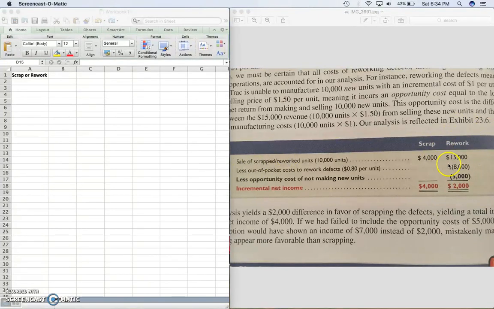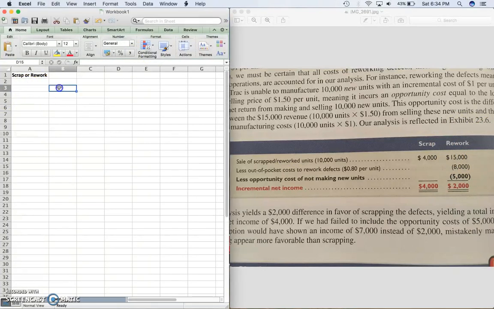And for rework, it would be 15,000. Let's write it over here. So scrap is 10,000 times 40 cents, which equals $4,000.